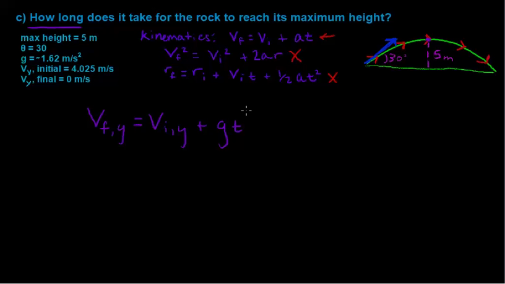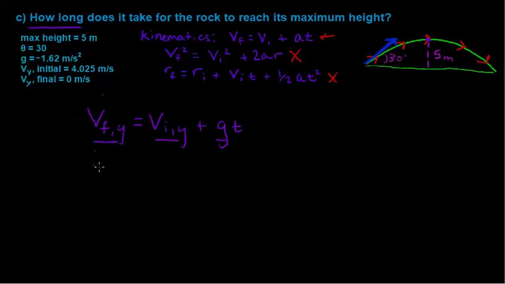And again, now it's just a matter of filling in our variables because we know our final y direction velocity is 0 meters per second and our initial y direction velocity is 4.025 meters per second. And of course we have our acceleration due to gravity on the moon.